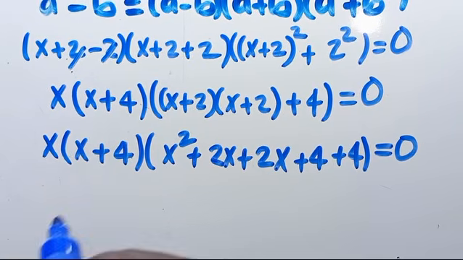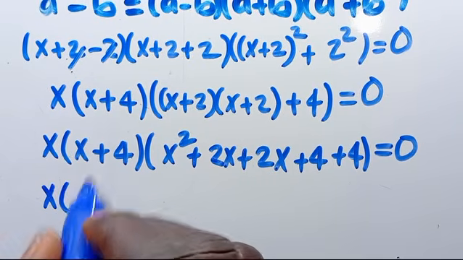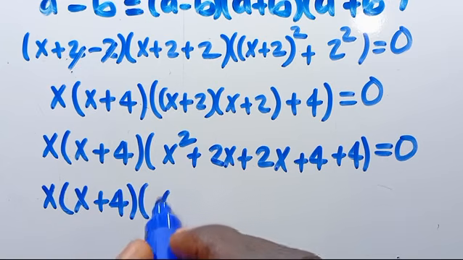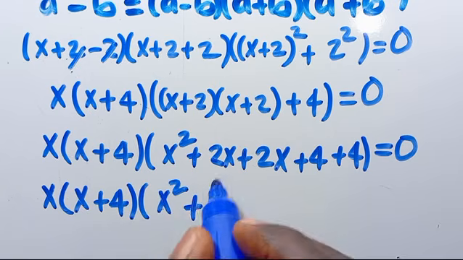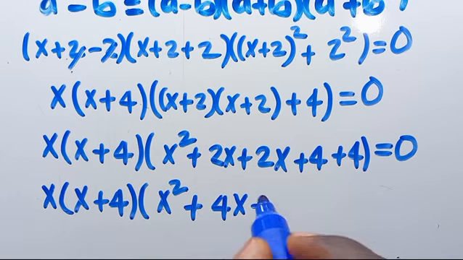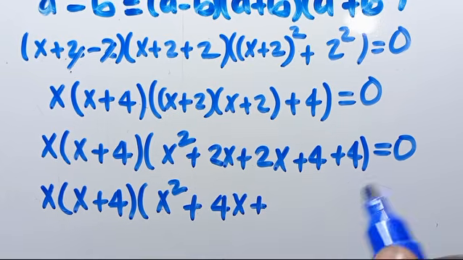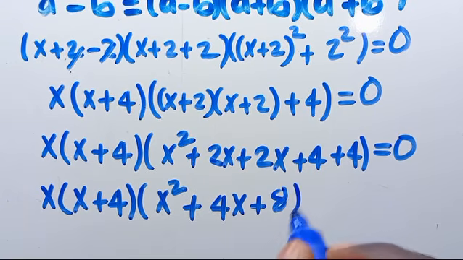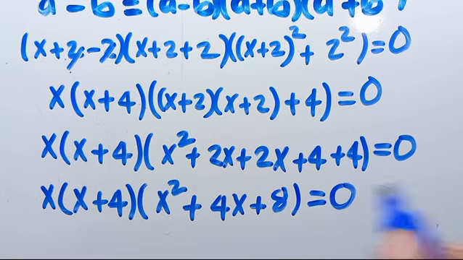Now, x times (x plus 4), and this will be x squared. This 2x plus 2x will be 4x. Then 4 plus 4 will give us 8, equals 0.